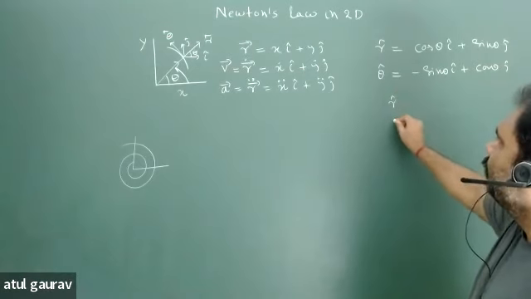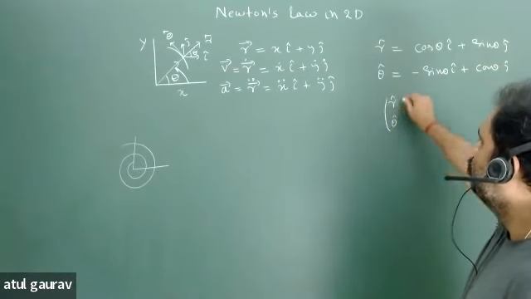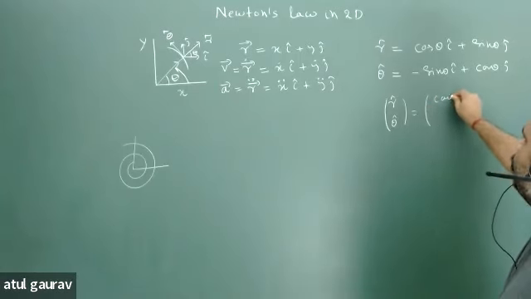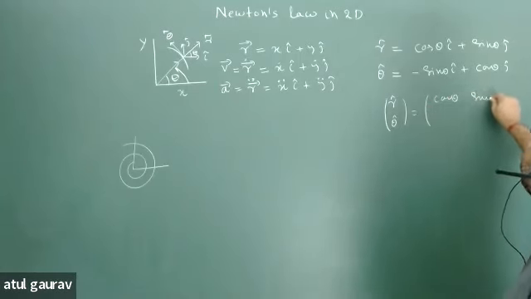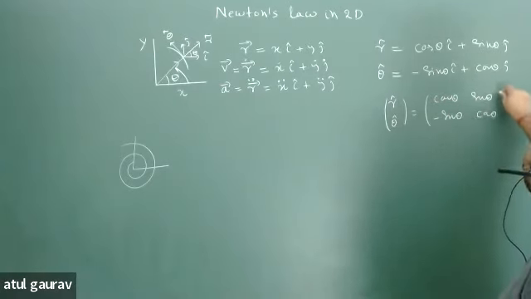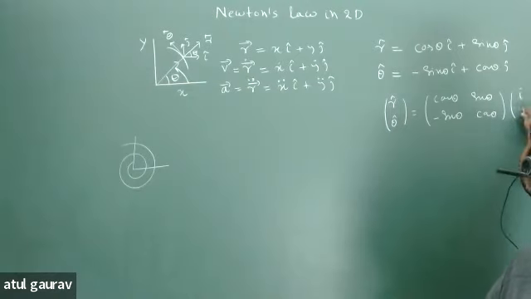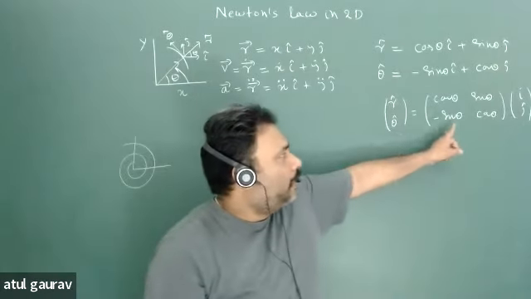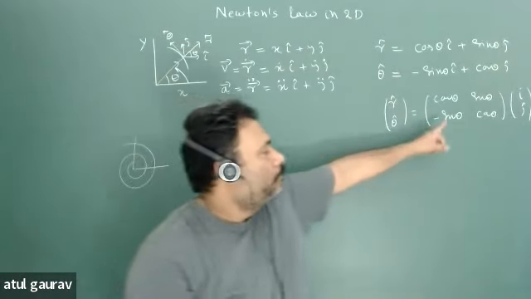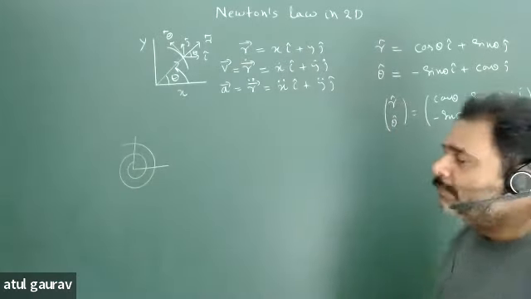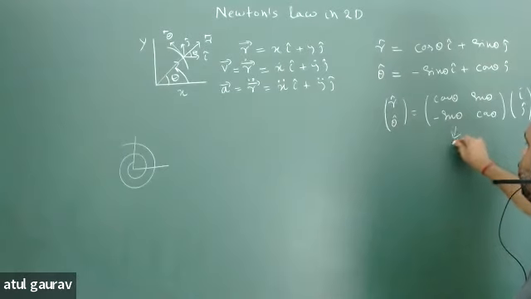This is r cap, this is theta cap. And if I write it in matrix form: cos theta, sin theta, minus sin theta, cos theta, acting on i cap and j cap, isn't it? And what is this matrix? What do you call this matrix? Transformation matrix, rotation matrix. This is very famously known as the rotation matrix.